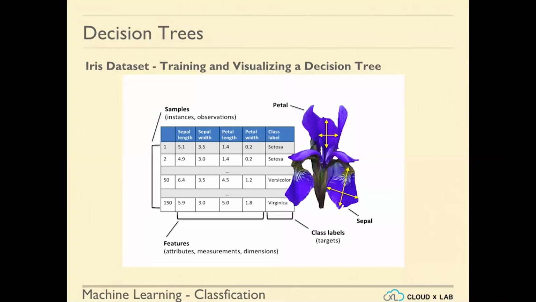So we'll be getting this kind of data whereby there are rows, we call them samples, instances, or observations. Then there are labels, we call them class label or target. And then there are features called attributes, measurements, or dimensions. Here you can see clearly what it means by features, samples, and patterns.